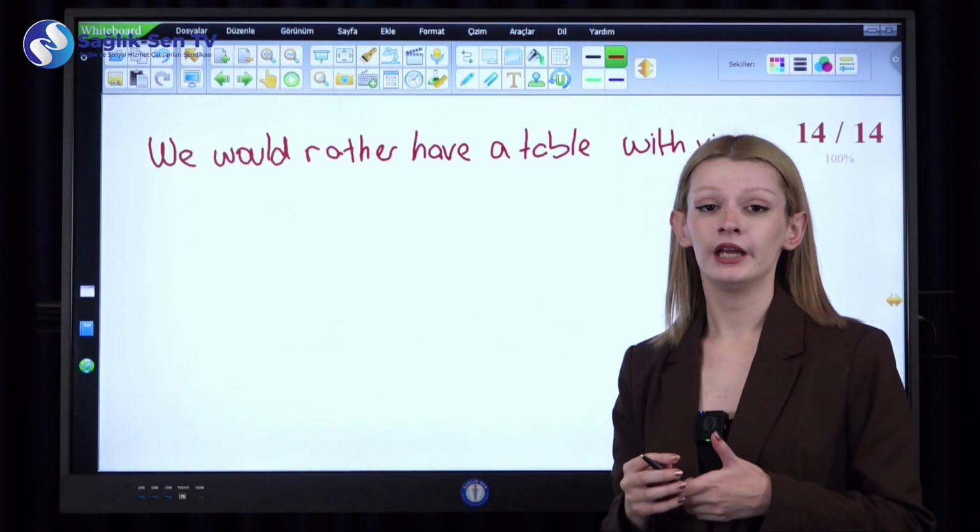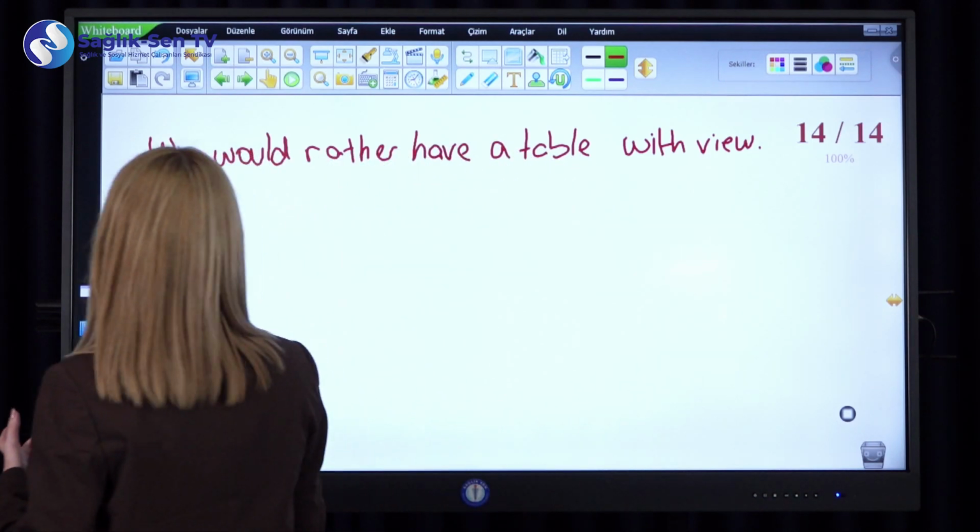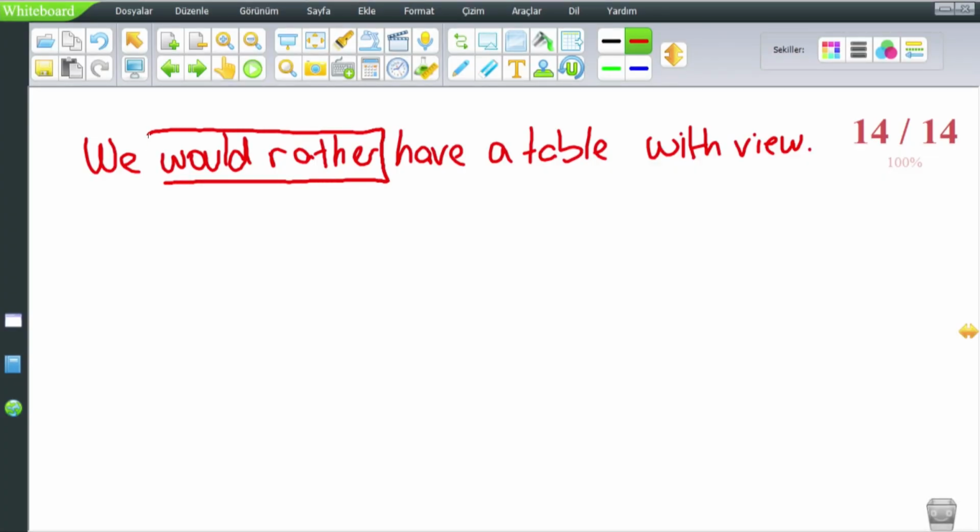You are making a choice in a particular situation. After would rather, I put verb 1, bare infinitive. And I'm not comparing anything. I'm not making a choice between two things. I'm just expressing my choice in a particular situation.